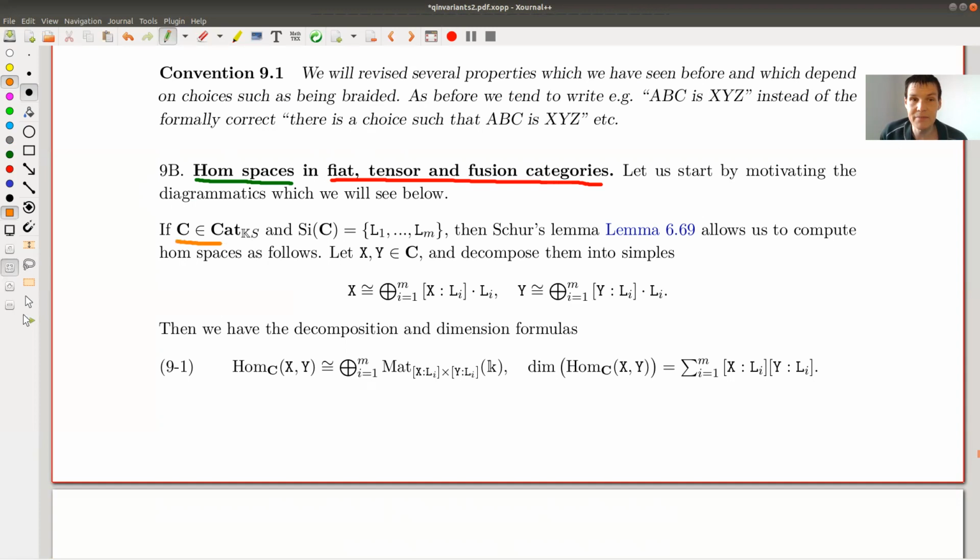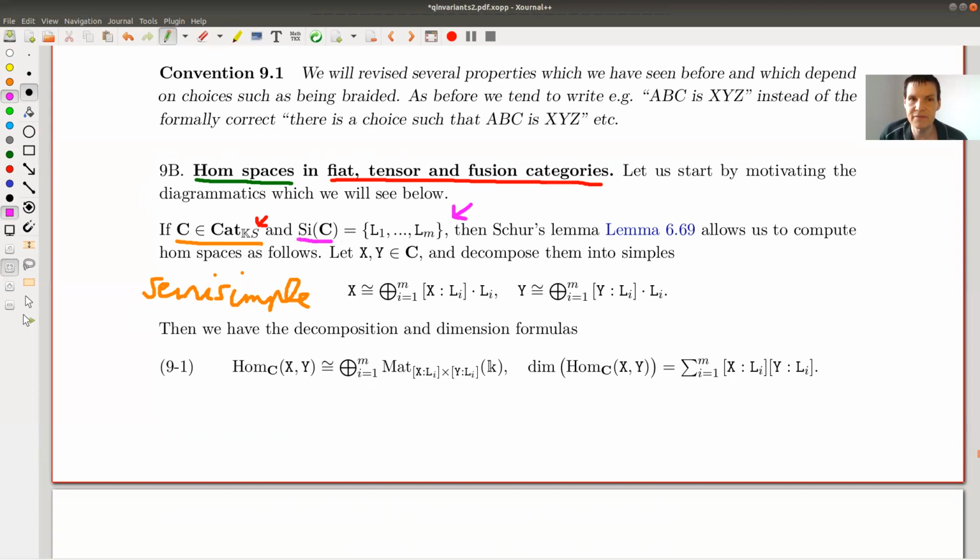So let's say you have a semi-simple category. Remember this notion of semi-simple. My notation here was that K was the ground field, or ground ring, and S was semi-simple. For a semi-simple category, the right notion of elements are the simples.